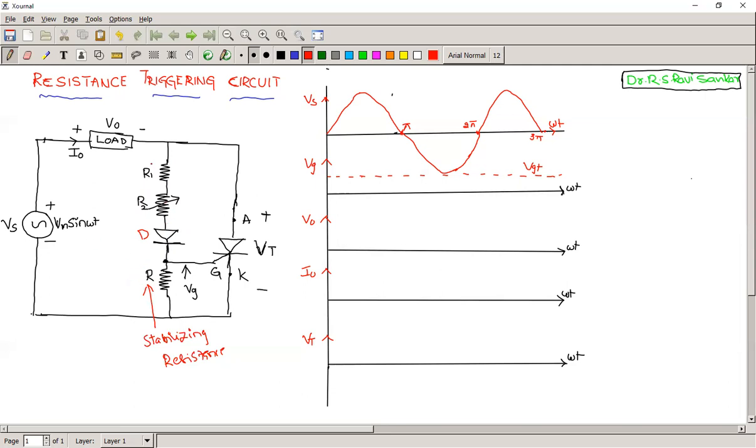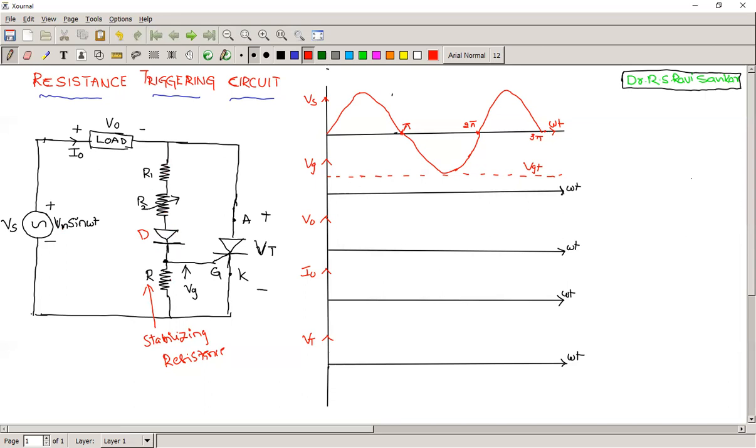In the negative cycle, no current passes in this branch, so there is no gate voltage and the SCR does not go to the on state. We kept the diode so that this branch carries only the positive cycle of the input voltage.